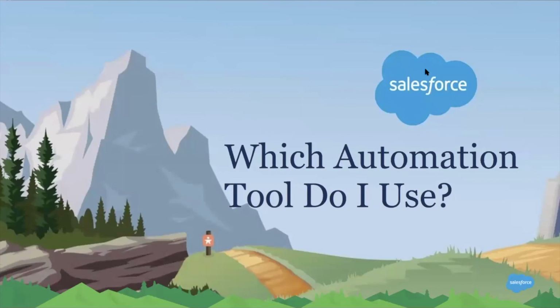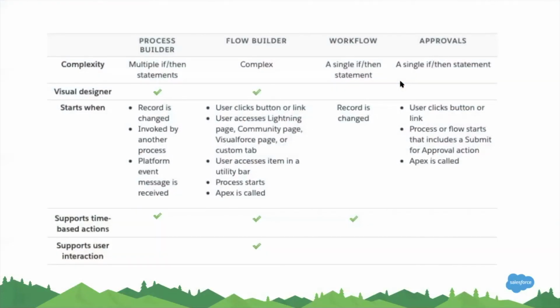Again, I told you, Flow is one of the automation tools that is available in Salesforce. So you need to properly evaluate what would work for your use case. We have tools like Process Builder, Workflow Rules, and Approval Process, whose features pretty much overlap with the features we have in Flow.